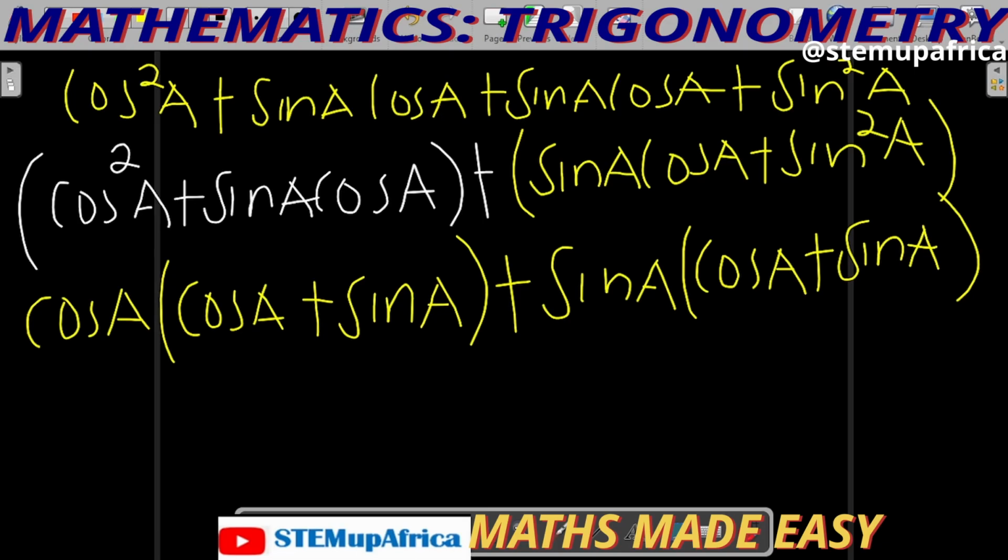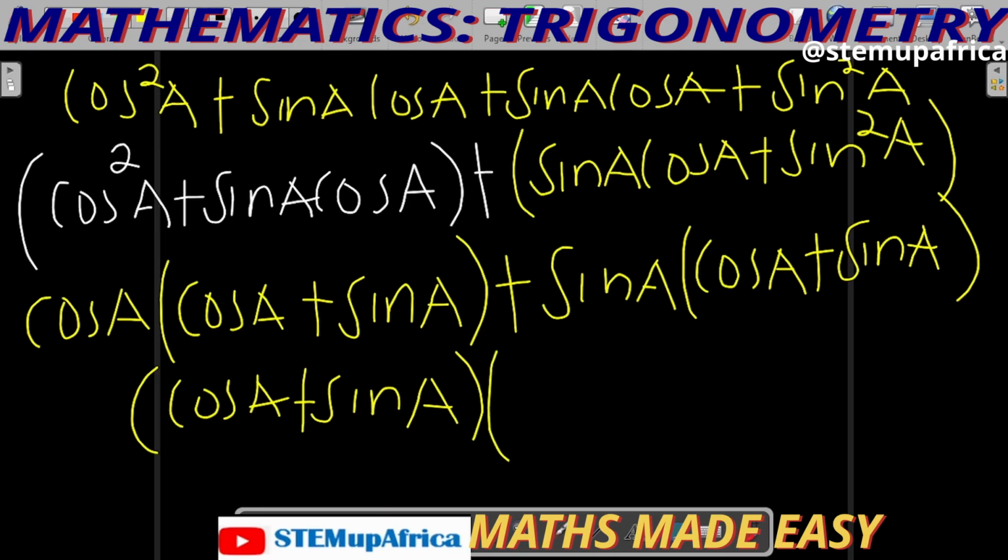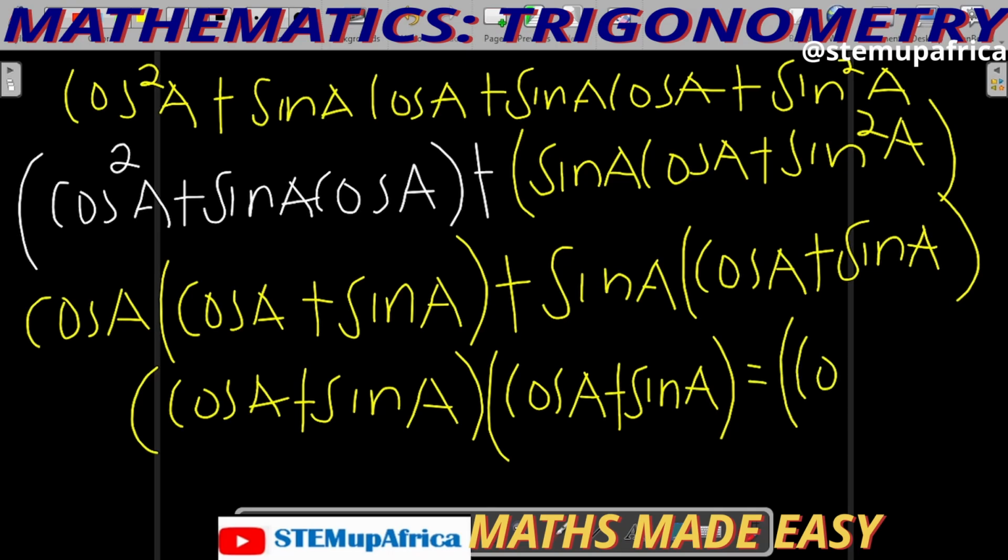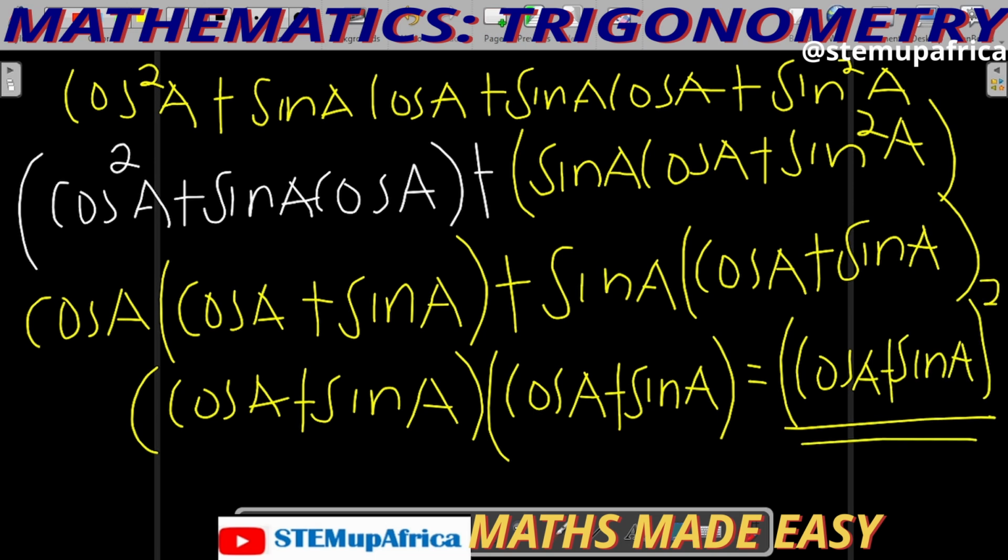So you can see we have the 2 brackets with the same numbers and variables. So let's take the 2 brackets as 1, which is cos a plus sine a, and take those outside the brackets, cos a plus sine a. Since both of them are the same, I can also write it as (cos a plus sine a) all squared. So we have successfully proved the identity.